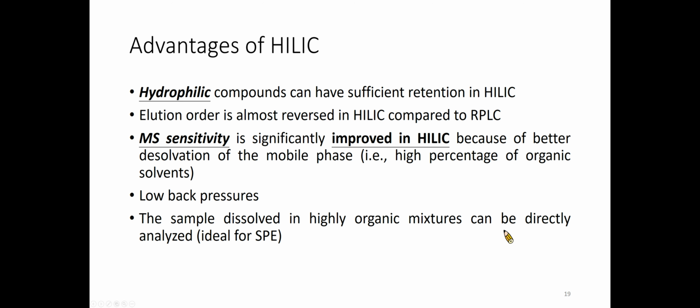HILIC is suitable for analysis of hydrophilic compounds and has an improved mass sensitivity because of the better desolvation efficiency. Besides, using a high percentage of organic solvents usually comes with a low bed pressure. Lastly, the sample dissolved in highly organic mixtures, such as the eluent of SPE, can be directly analyzed.